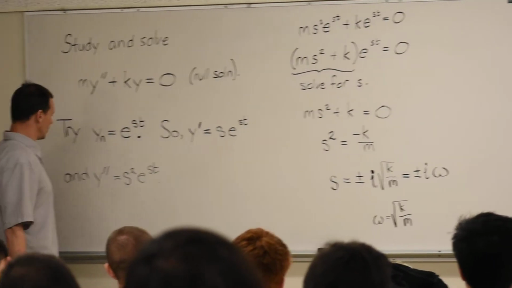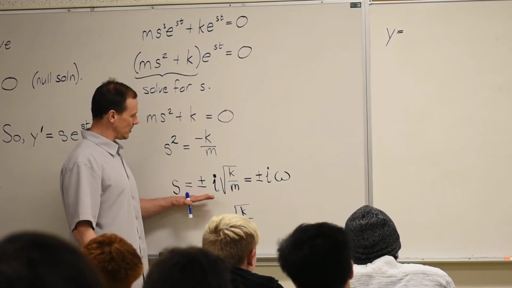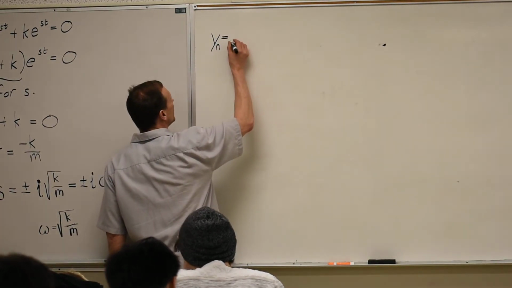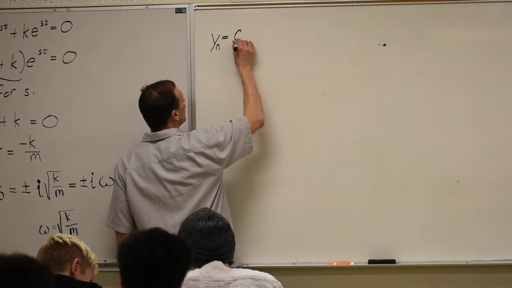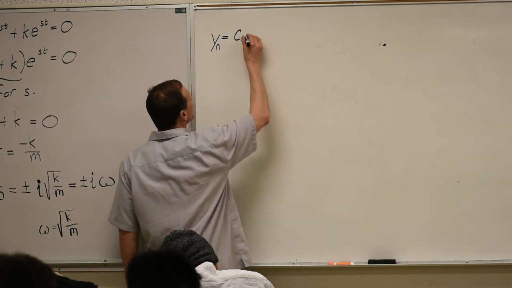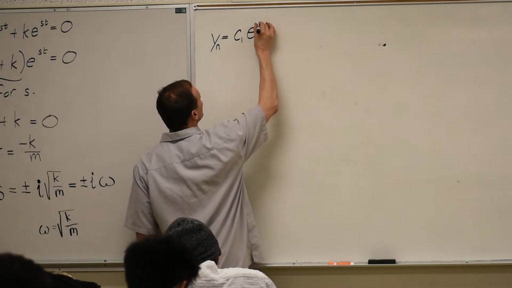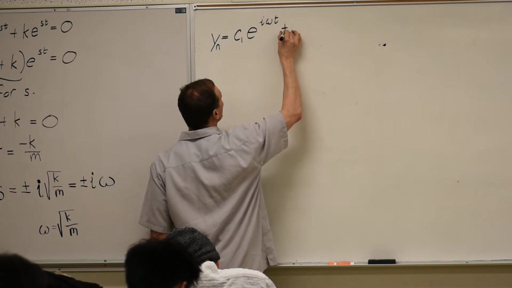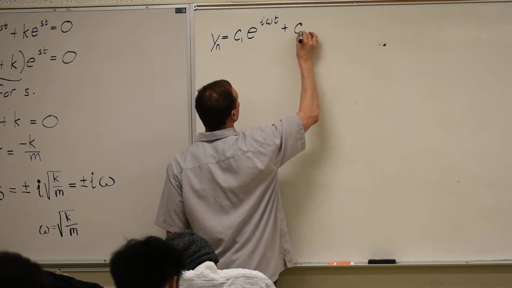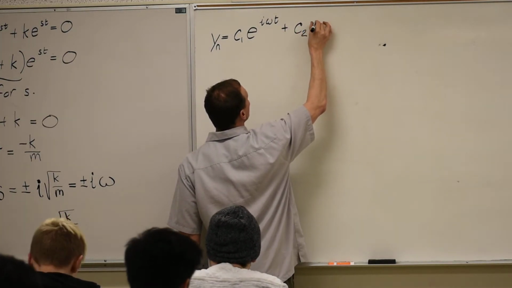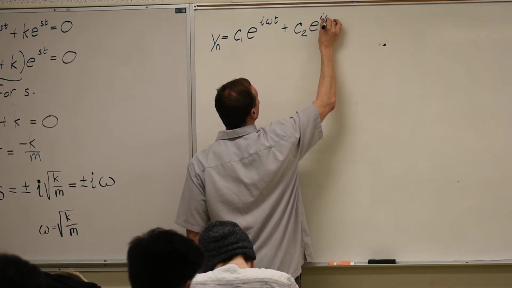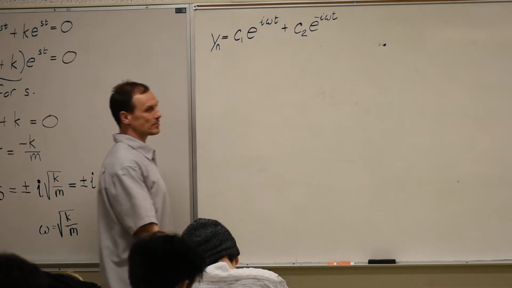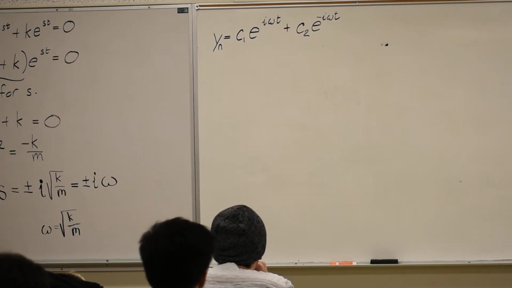So what we do then is our y null, I'll write that here, is going to be some constant, we'll call it C1 times e to the I omega t plus some other constant, we'll call it C2 times e to the negative I omega t. Clever, huh?